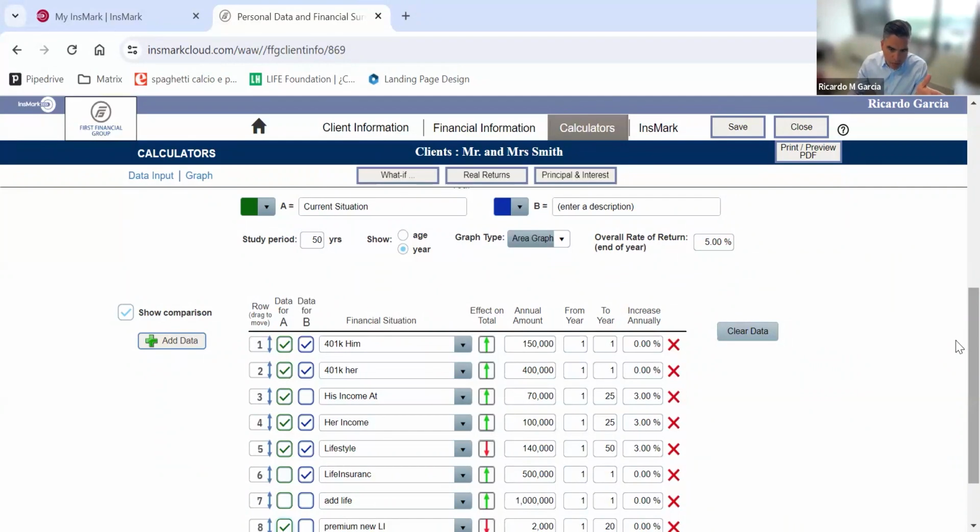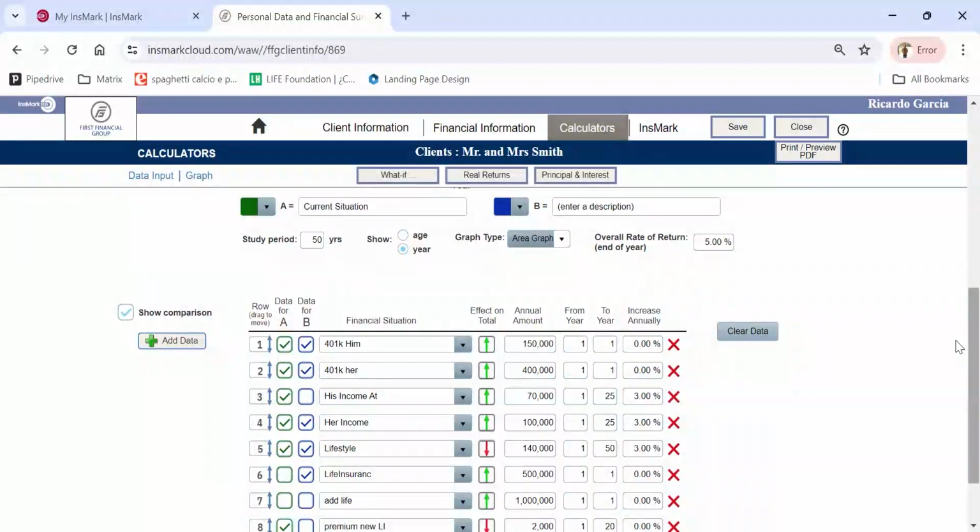Then I would show them, instead of the current path, saving $30,000 plus the 10 grand they get, which is 40,000, if we allocated up to the match, then the rest in a brokerage account, and then maybe cut off 20% of that and put that into whole life, how that looks and how that compares. Yeah, that's an interesting play as well. I like that. So this is the extent of the what if calculator's use for most of your clients.